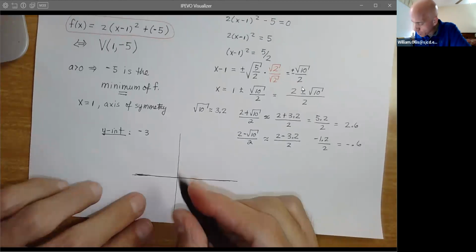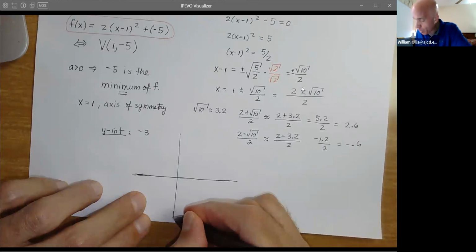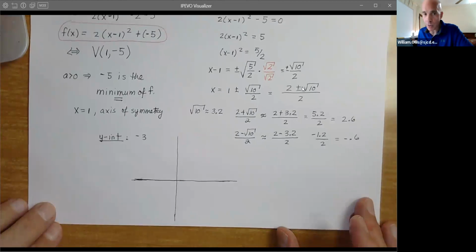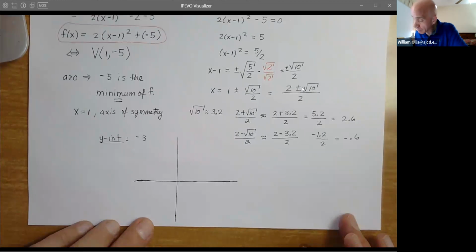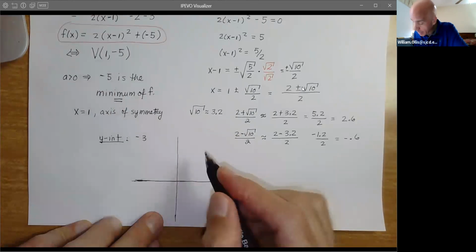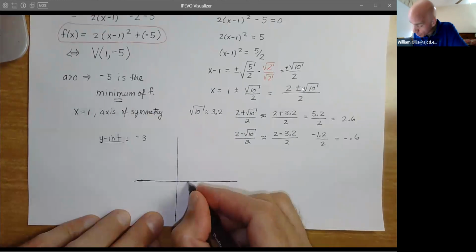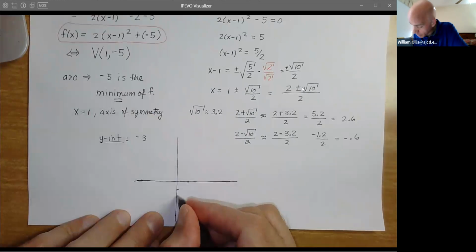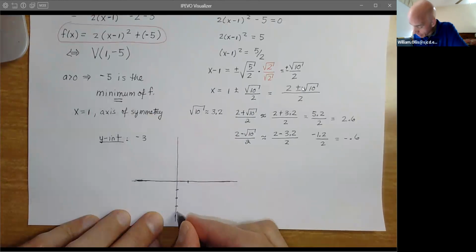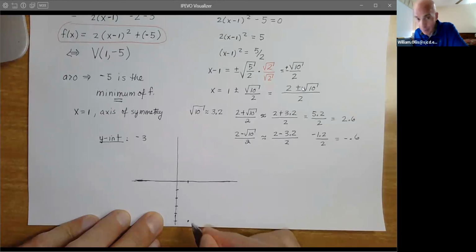A lot of times when you sketch things, you overdo some things, so don't worry about that. Notice here we have 1, negative 5, so we'll spread this out a little bit. 1, and then 1, 2, 3, 4, 5. Not much room there, Professor Ron, but this is the minimum, so I'm okay.